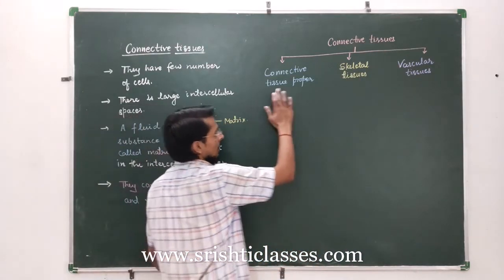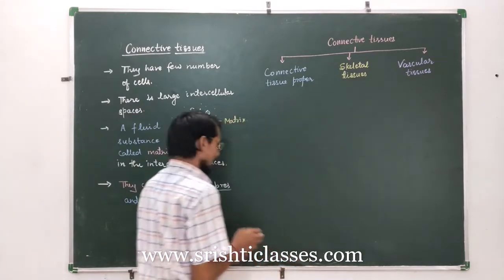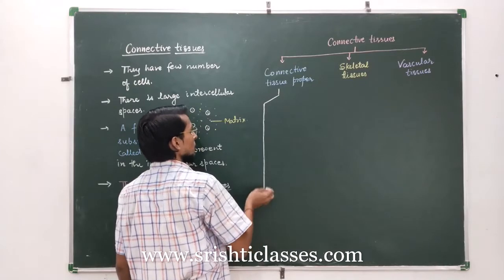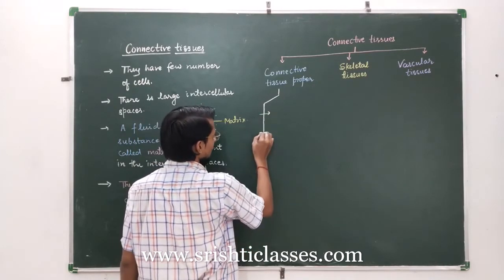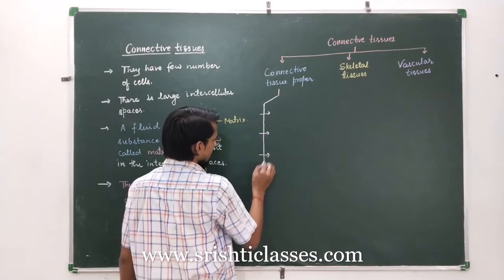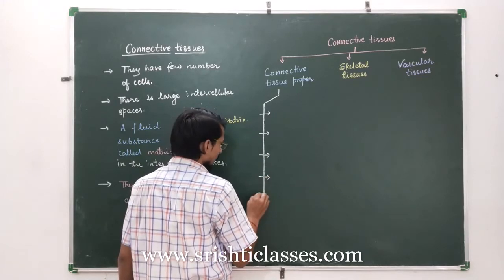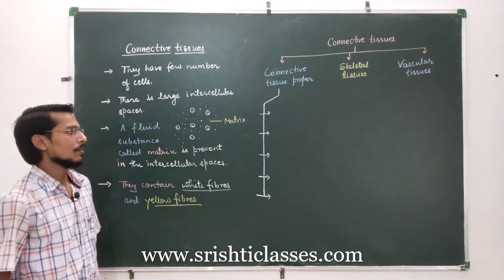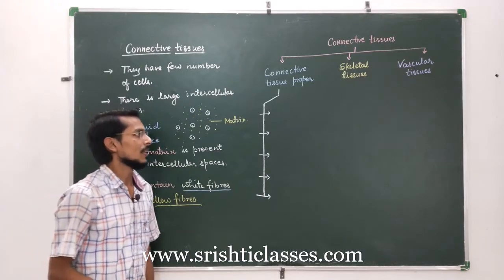Now they are further classified. Let us see how they are classified. This connective tissue proper is divided into 5 categories. We will know one by one about the given categories, but let us see the categories first.